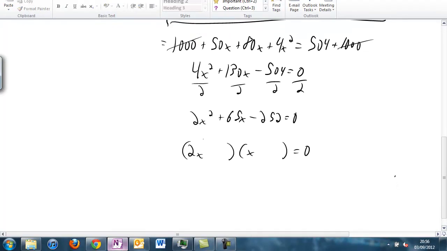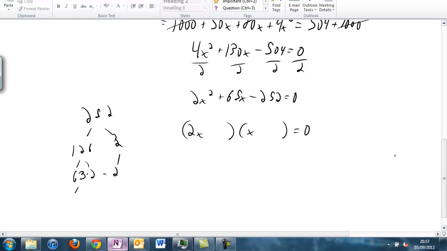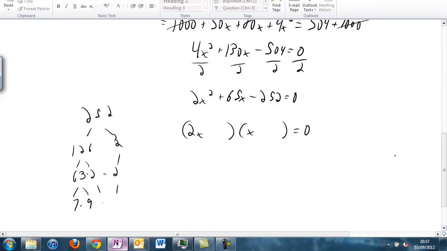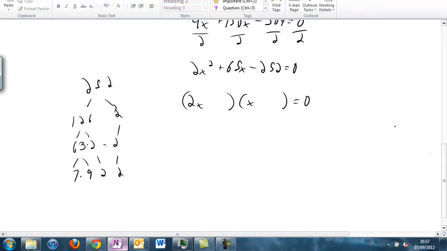It turns out through some miracles of factoring that if I take 252 and make it 126 and 2, and make that 63, and make the 63 be 7 and 9, and 2, then what I have is 7 times 36. And if I do 2x minus 7 and x plus 36, that gives me what I need.